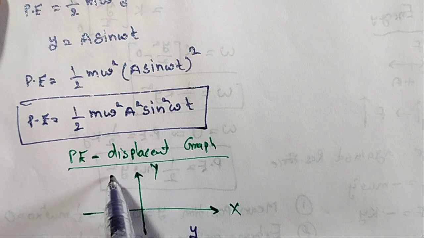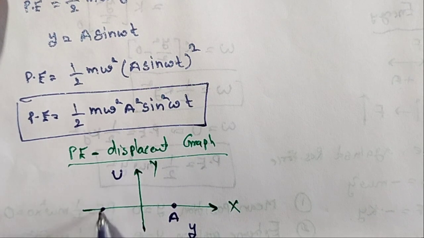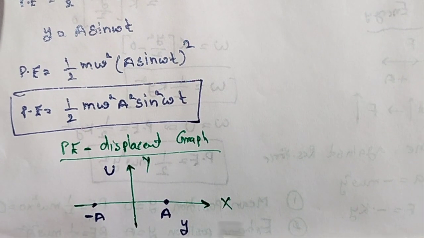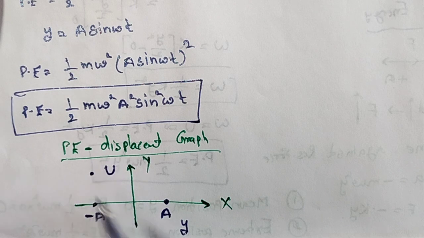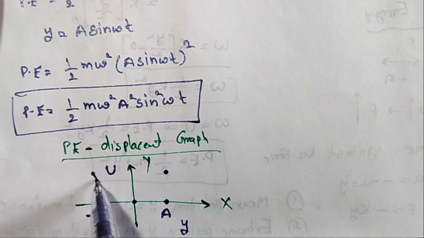In the y-axis I am taking the potential energy U. So this is the x-axis, with maximum amplitude a, and in the other direction, maximum amplitude minus a. At the extreme position it is maximum, at the mean position minimum. This is the graph.